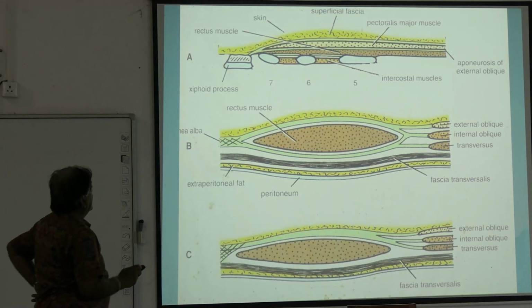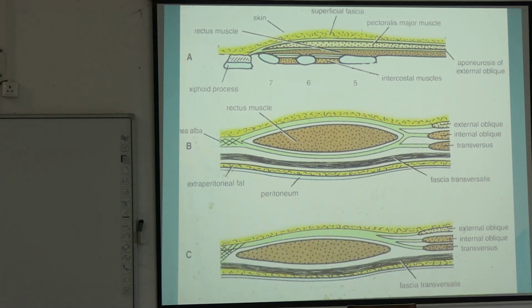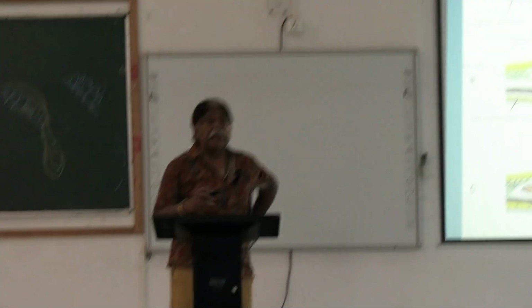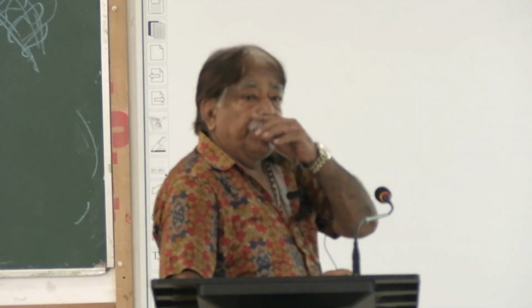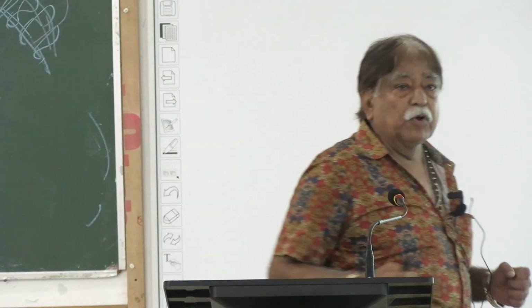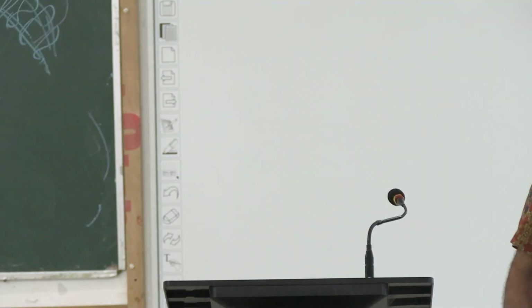Again, you might have a question, describe the rectus sheath, so you have to draw this diagram. You can just feel your own rectus muscle, or ask a friend who does gym to open the body and you see.